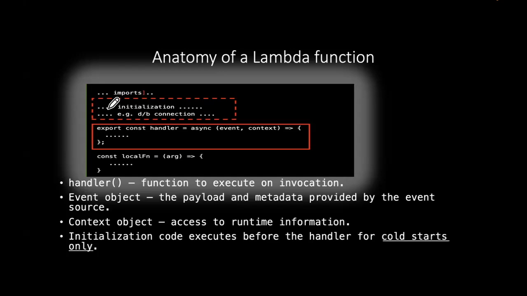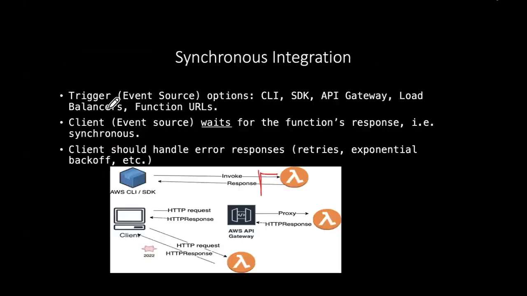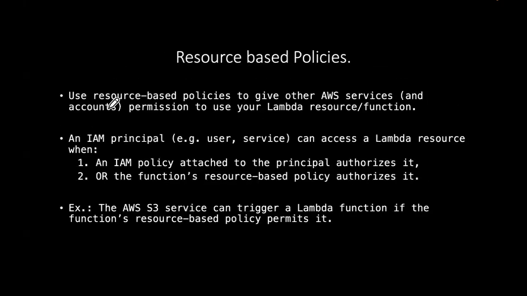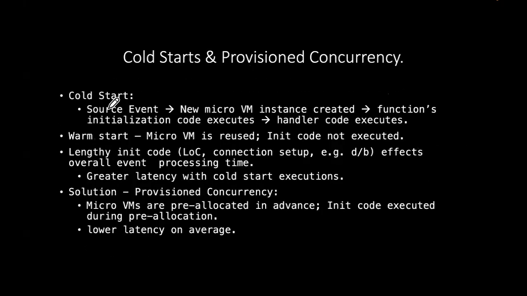Yeah? And so to go back to the slide that we're on, if the cold start takes significantly longer than a warm start, what you can do is declare what's called a provisioned concurrency for your Lambda function. Essentially, what that does is it causes the Lambda service to pre-set up some micro VMs ready for use.